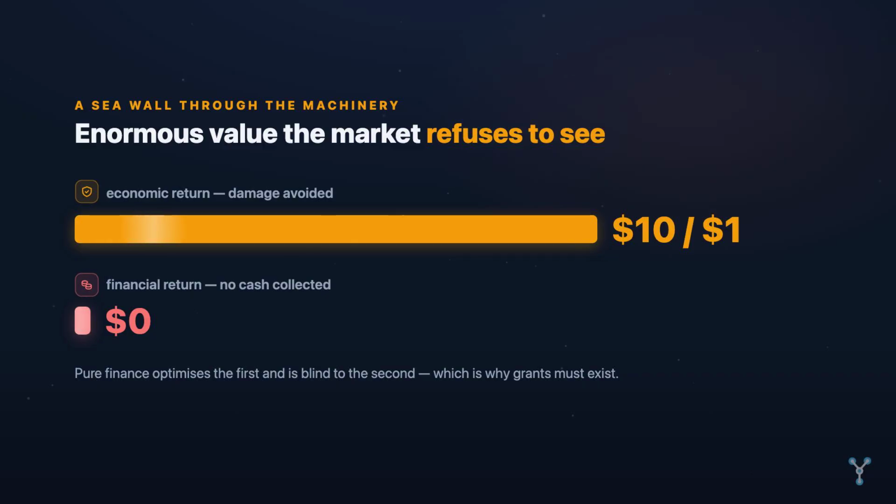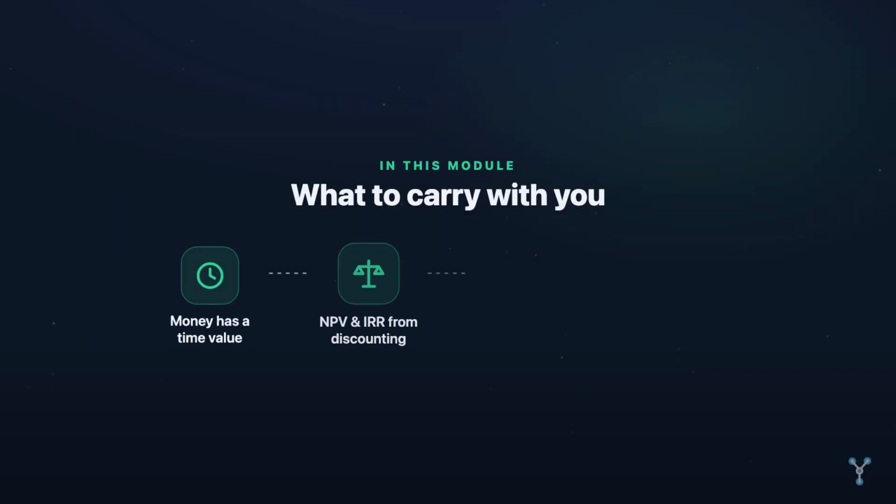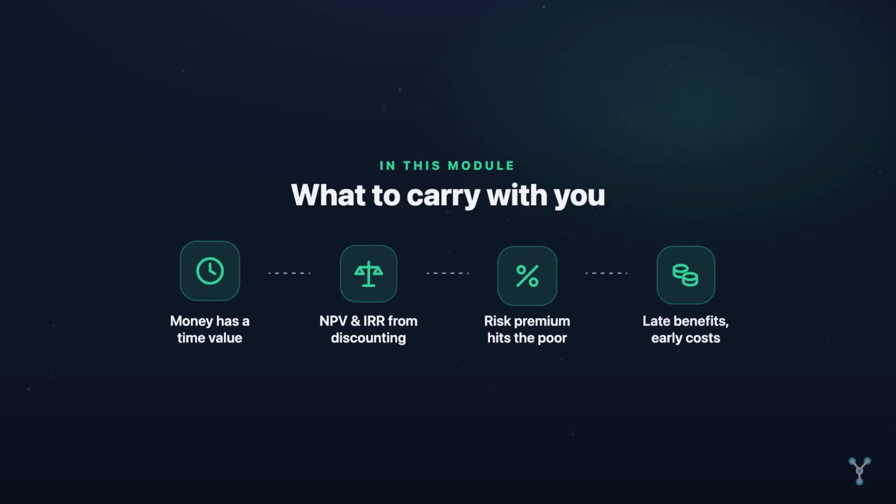refuses to see. So, to bring it together, money has a time value, so we discount future money into today's terms, and the discount rate we choose reflects how much return we could earn elsewhere plus how risky the thing is. From discounting we get NPV, the value a project creates in today's money, positive is good, and IRR, the project's own break-even rate of return, which investors compare to their cost of capital.